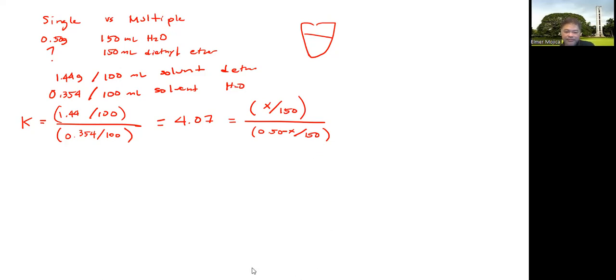Based on this alone, the value of this is 4 times that one. So maybe we could say 0.4 grams over 0.1 is equal to 4, right? So you can do the calculation.